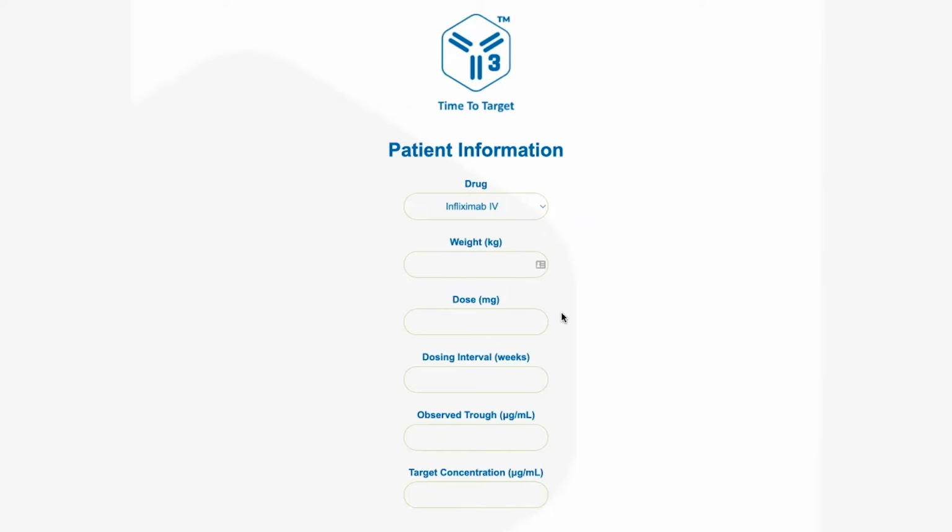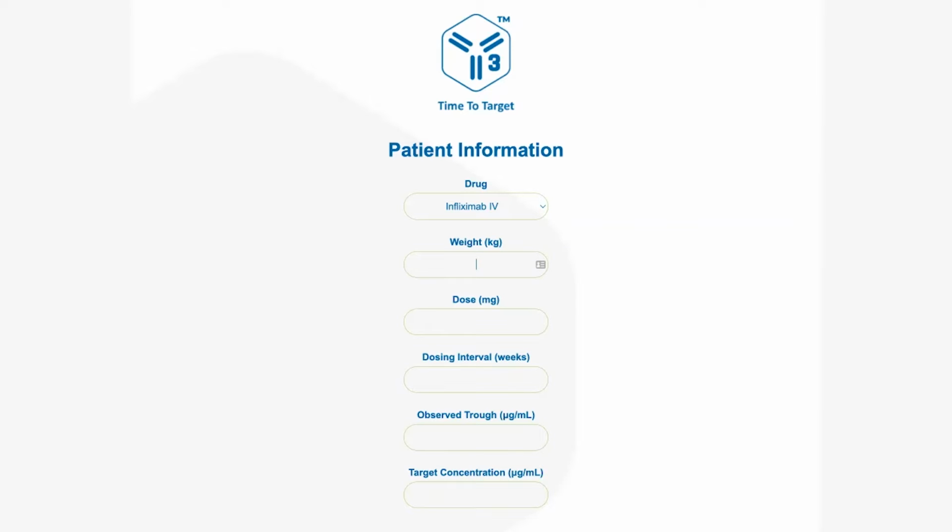One of the important questions is often whether or not it's possible to extend the dosing interval. So if, for example, a patient is getting dosed every 4 weeks, and seems to be stable, is it possible to extend the dosing interval so that the patient doesn't have to make as many trips to have an infusion?